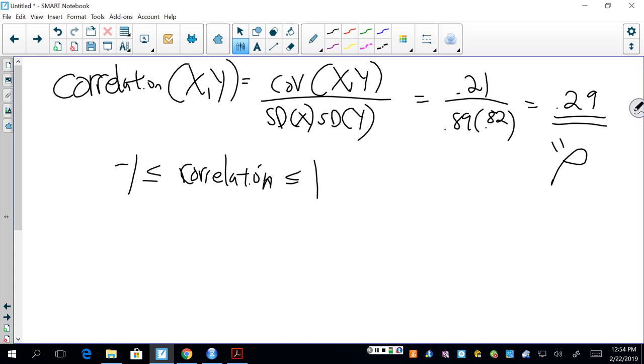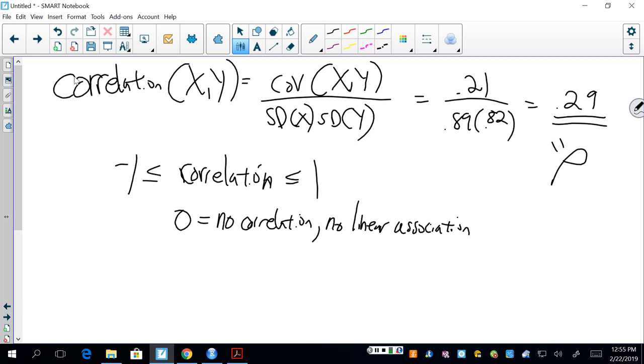If x and y were both in feet, you have feet squared in the numerator, but you're dividing by the standard deviation of both, so you're dividing by feet, so there's no units, it's just an absolute number. 0 means there's no correlation. It suggests that there's no linear association between the two variables, between x and y.